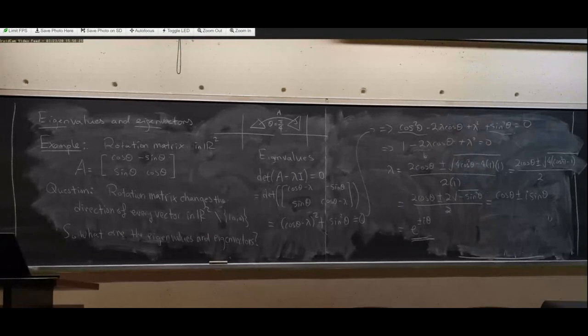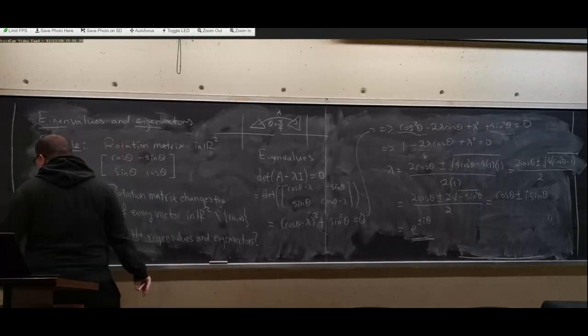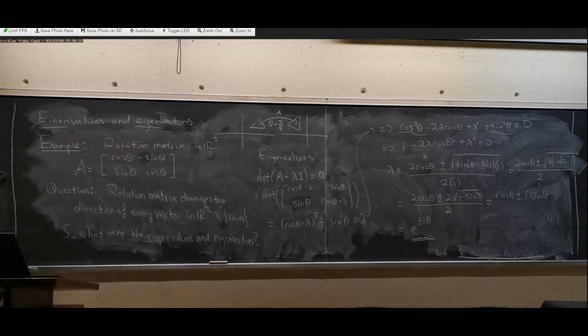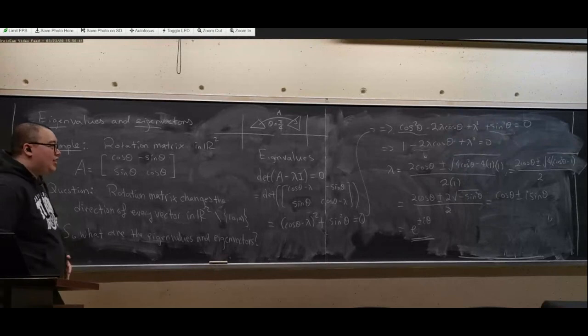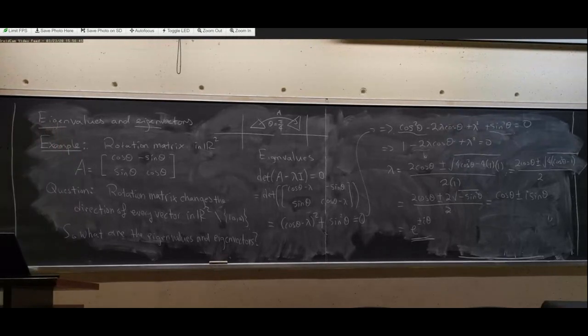We don't know how we're going to interpret it. Maybe there's something that we can do about it. Let's see what we get for eigenvectors. Maybe the eigenvectors will tell us a little bit more.